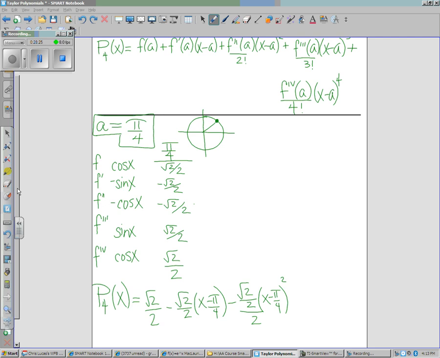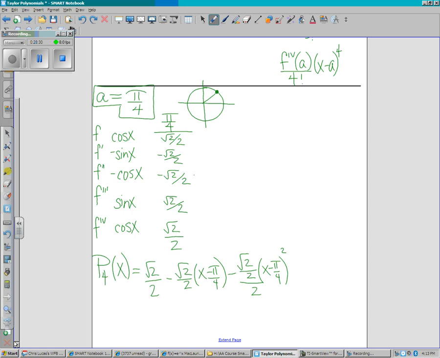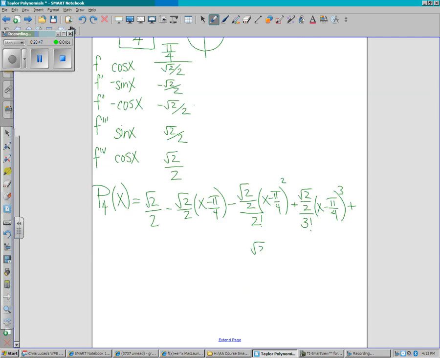And then the next term is the third derivative, plus root 2 over 2 over 3 factorial times x minus pi over 4 cubed. And the last term is plus root 2 over 2 over 4 factorial times x minus pi over 4 to the 4.